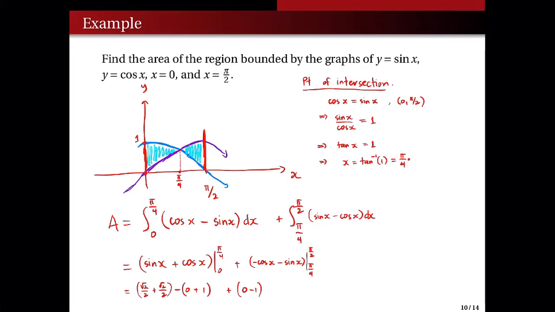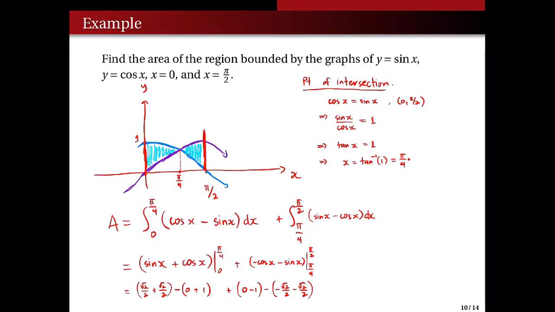Then minus quantity. At pi over 4 again, we just have this square root of 2 over 2. So we have minus square root of 2 over 2 minus square root of 2 over 2. So what will happen here, if we simplify, this is square root of 2 over 2 times 2.